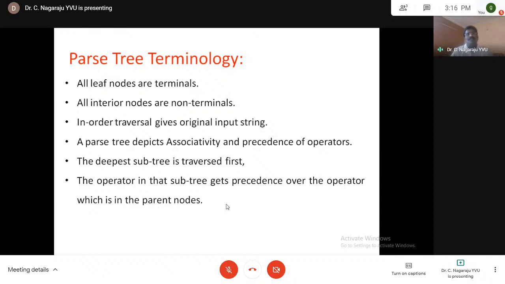For example, if the multiplication star is in both the parent node and the child node, first preference is given to the child node, and it will execute.